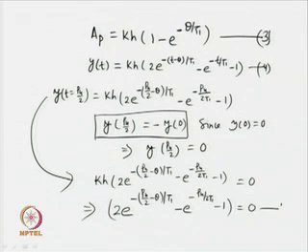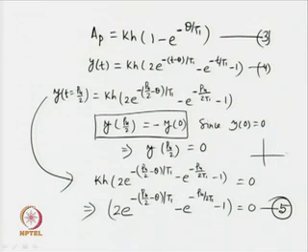So, this expression is very important for us. Why is this so important? If sustained oscillatory output is obtained and we make measurements on the sustained oscillatory output, measurements like the peak amplitude and the half period Pu by 2, then this condition must be satisfied.